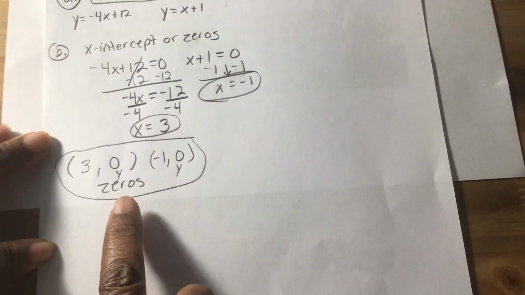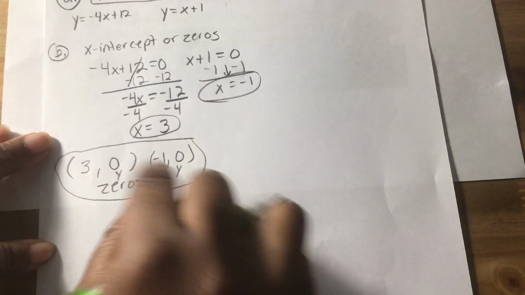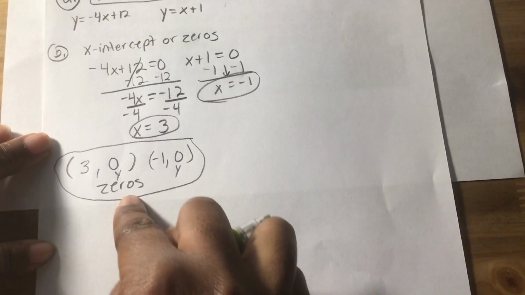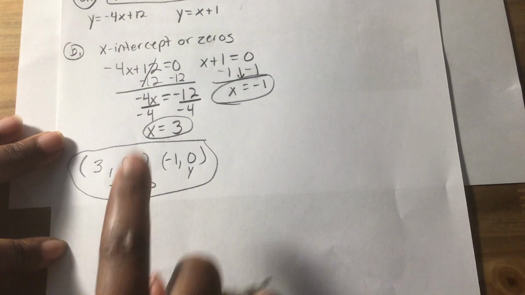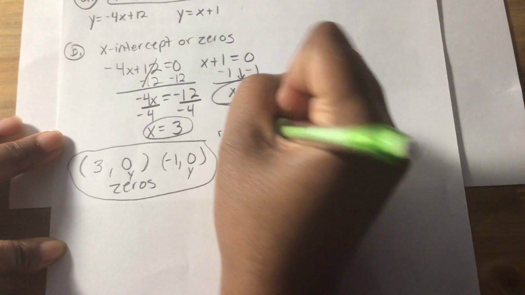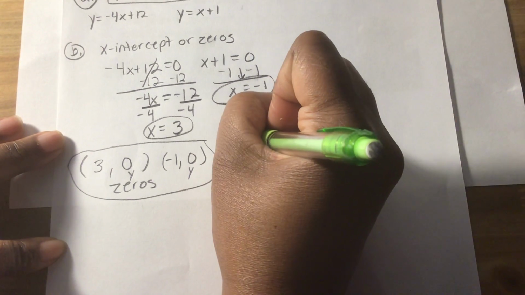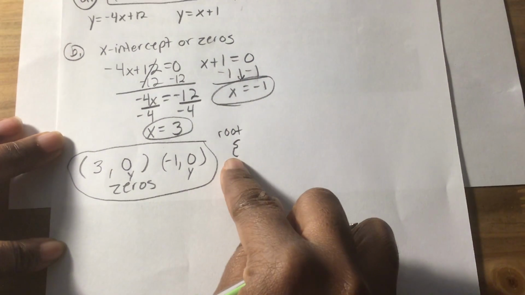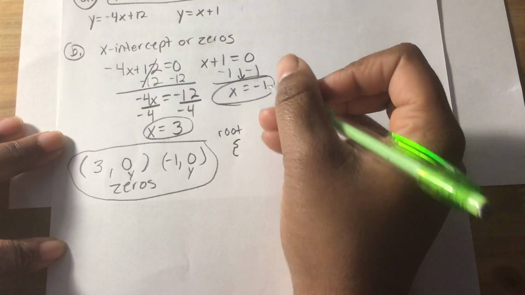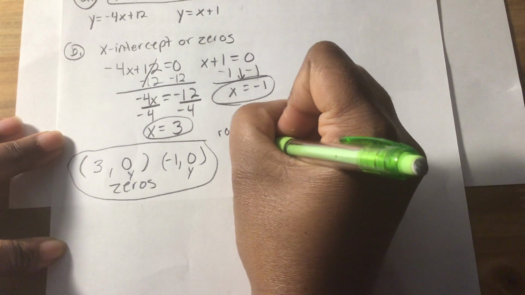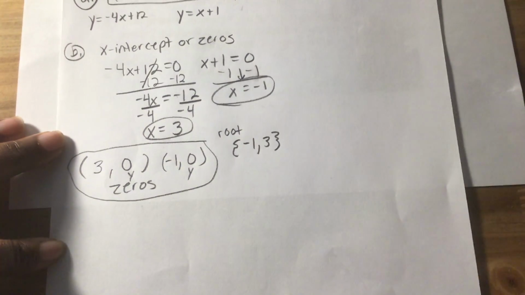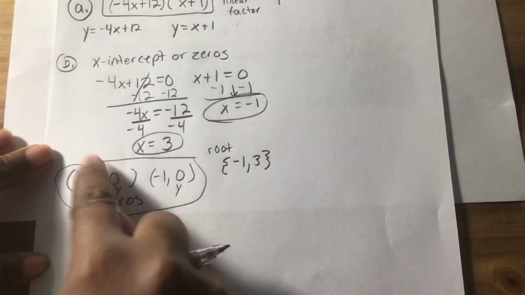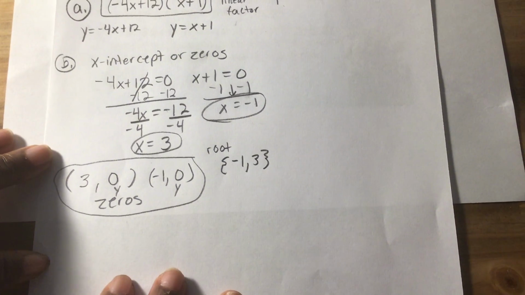This is where it crosses the x-axis. These are my x-intercepts, but they also say zeros because my y is 0. These are the actual ordered pairs where it crosses the x-axis. Roots, all they want you to do is just list where it crossed. So you make a little bracket and you put the smaller one first most of the time. It crosses at these two places on the x-axis. So these are different ways to look at that.